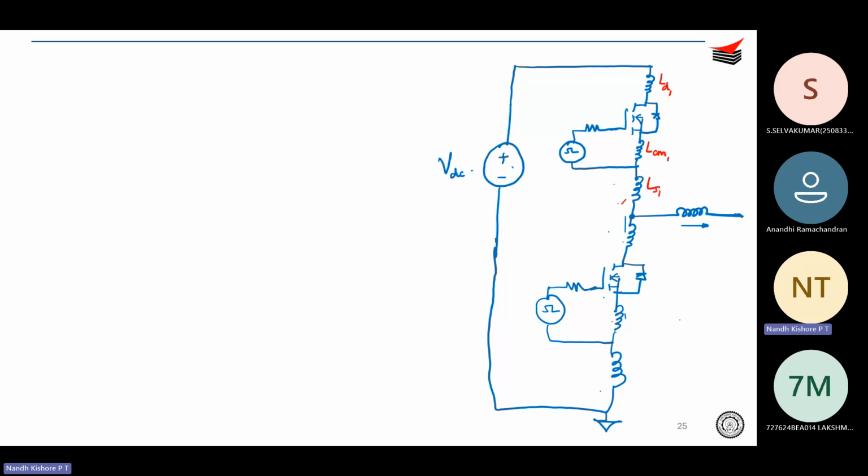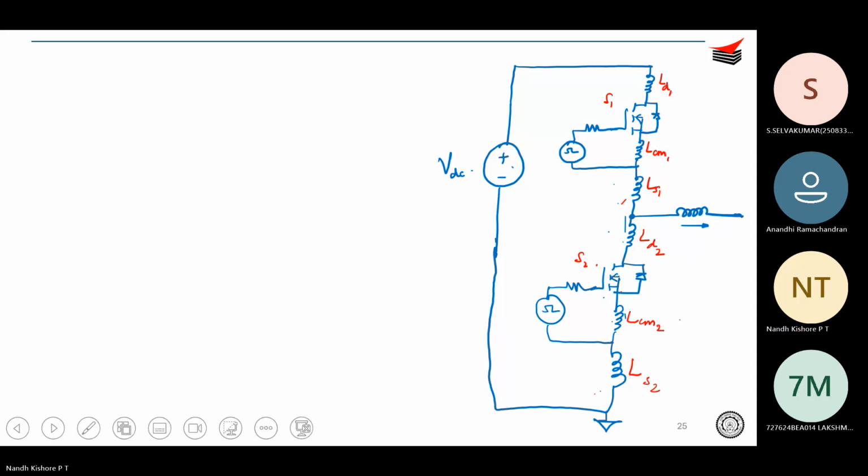This is the source side inductance LS1. This is the drain side inductance for device 2 LD2. This is the common inductance for the gate path and power path for device 2 LCM2. And this is the source side inductance of device 2 LS2. Do you understand the naming of these inductances? Yes, sir. Okay.